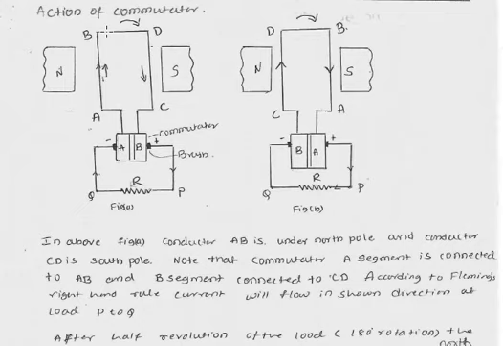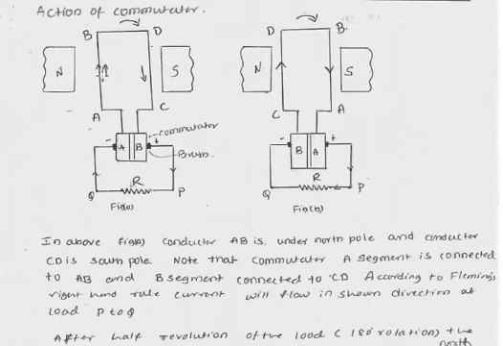So you hold your right hand and stretch out your forefinger, thumb and middle finger in such a way that they are at 90 degrees. The forefinger points to the direction of the flux. What is the direction of the flux? North to south.